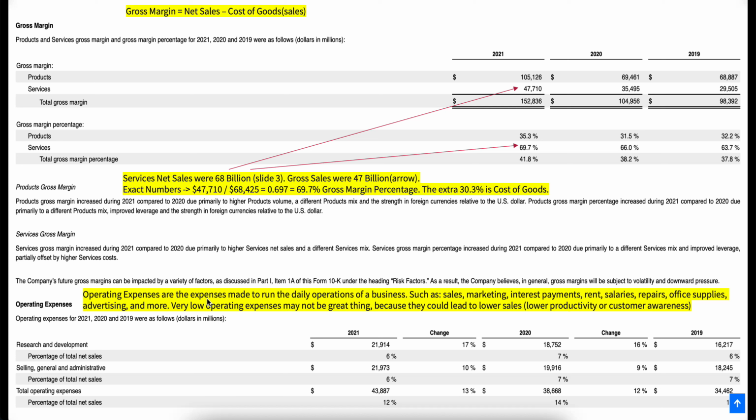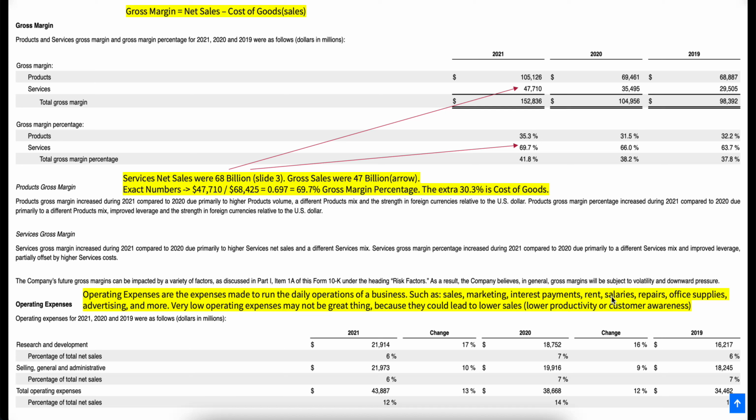So, very low operating expenses. Sometimes you can hear a company trying to have much lower operating expenses, so they cut down on costs. But that may not be a great thing, because remember that by having some operating expenses, it means that you are actually trying to sell things. And so, for example, as you can understand, advertising is a big part of operating expenses of a company. If you cut down on advertising, then that could lead to lower sales.